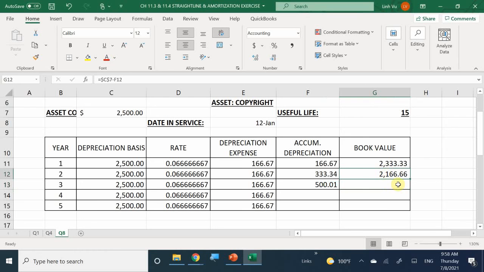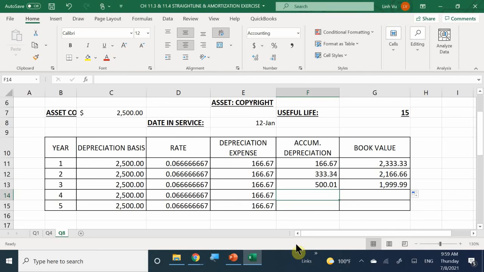Bringing my book value to be $1,999.99. Excellent. Okay.